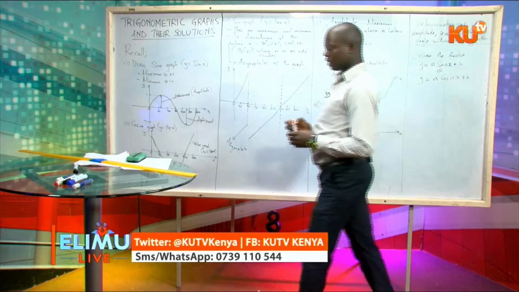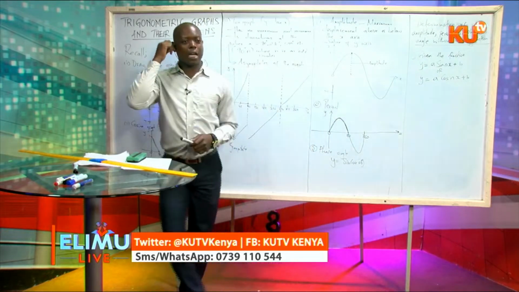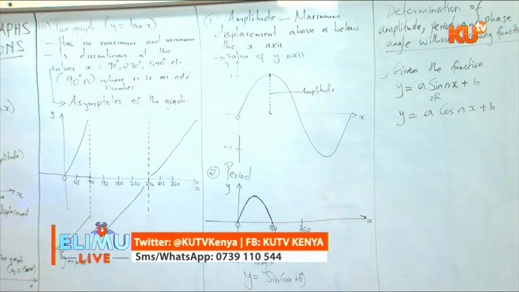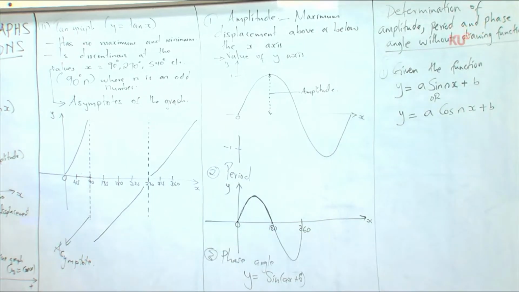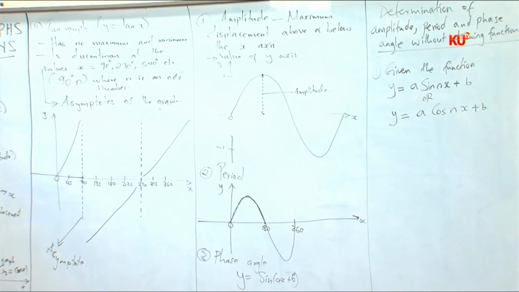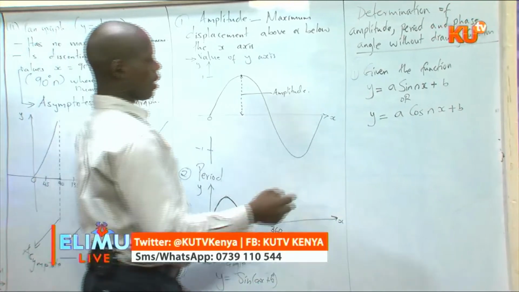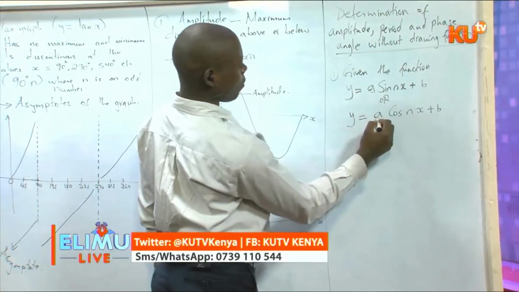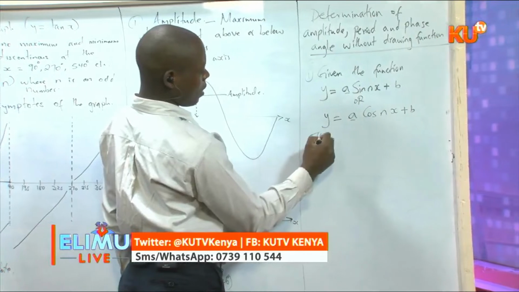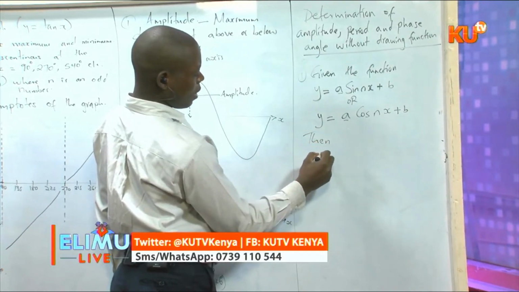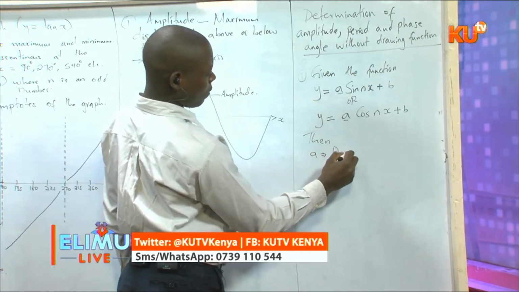Remember again, we said it is not going to happen for the tan, because the tan has a discontinuous curve. So in this case, the coefficient of the ratio A is what we call the amplitude.